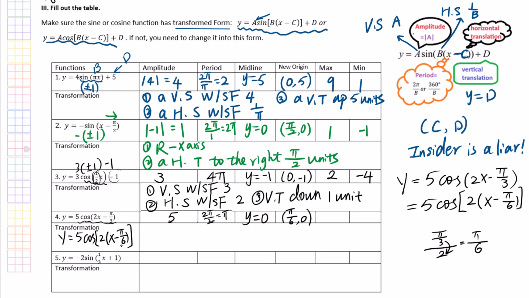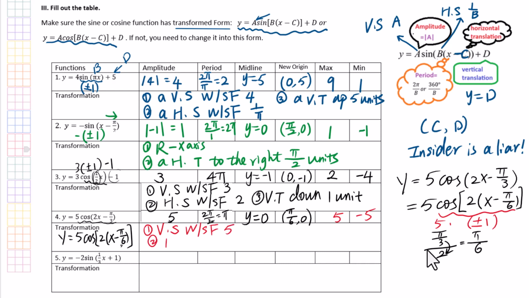For maximum, we will change this into plus or minus 1. Then 5 times plus or minus 1. Maximum is 5, minimum is negative 5. So a vertical stretch with a scale factor of 5.